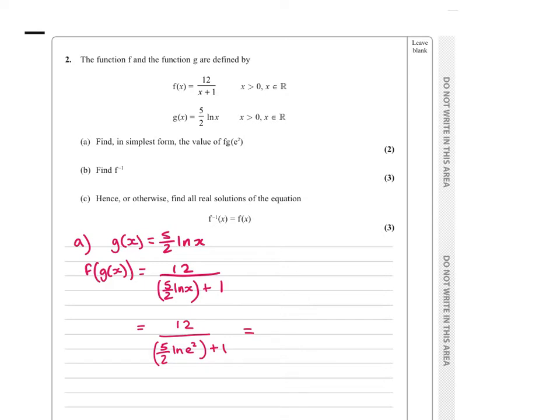Now ln and e are going to cancel each other out, so it's just going to be 5 over 2 multiplied by 2. So we're going to have 12 over 5 plus 1, because 5 over 2 times 2 is 5, which equals 6. Part B. Find the inverse function of f.